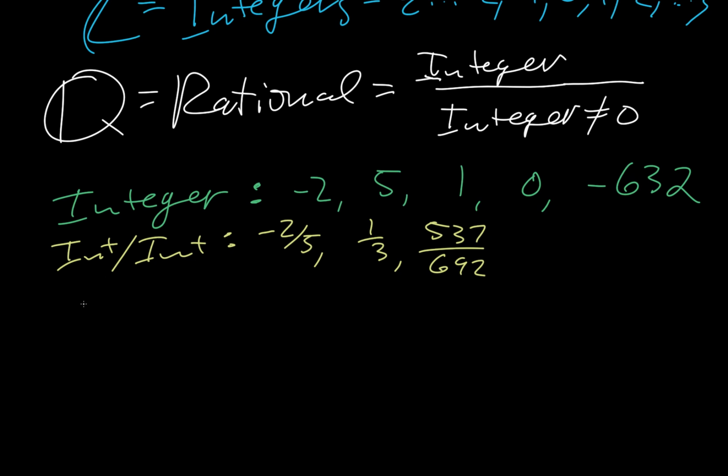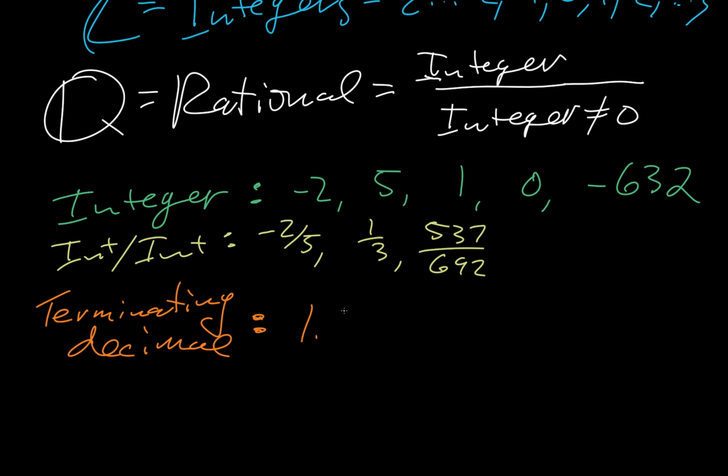Now, as far as decimals, we have terminating decimals. All that means is a decimal that stops at some point. 1.5, 3.261, 7.32. All of those are decimals, but they stop somewhere. Okay.